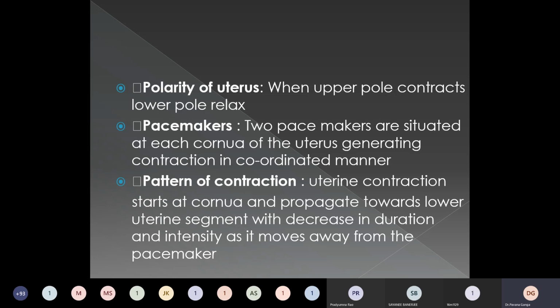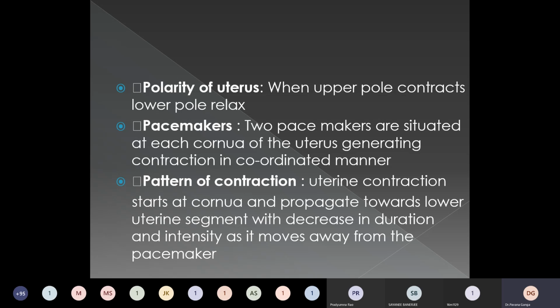Normally, in the first stage of labor, the uterine contractions will hardly measure around 15 to 25 mm of Hg. As labor advances from the latent phase to the active phase, the contraction pressure increases and reaches a maximum of 50 to 80 mm of Hg.